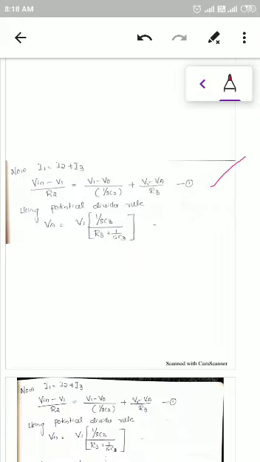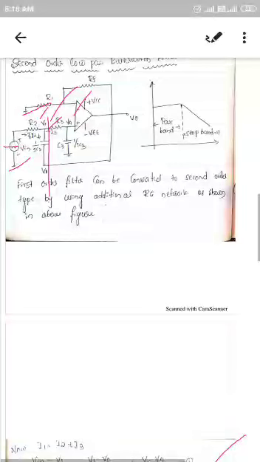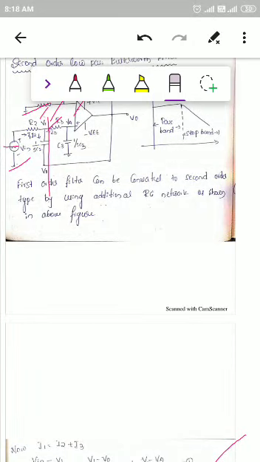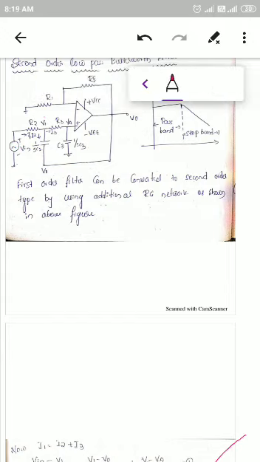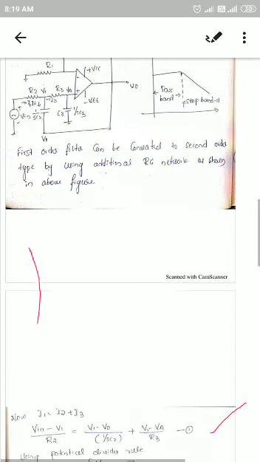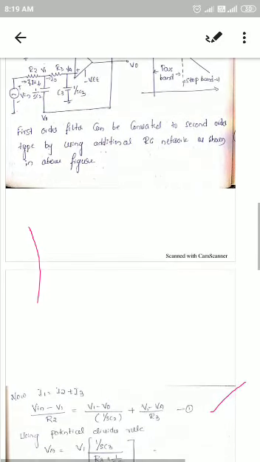Now by using the potential divider, you have to calculate the potential at the point VA. Just wait for a few minutes. Now from the potential divider, apply the potential divider at this particular point and calculate VA.